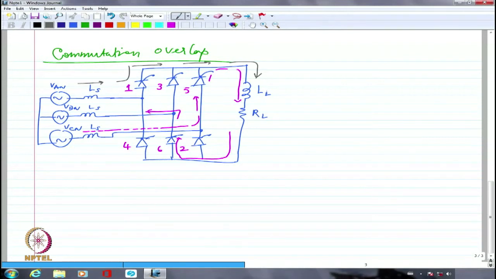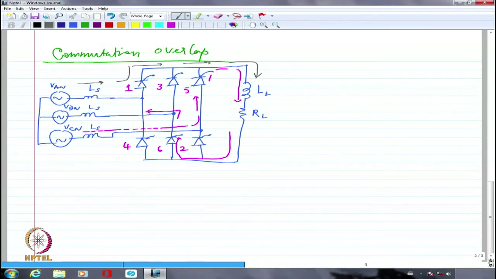So what will happen during that time? That is known as the commutation overlap interval. What we mean by commutation overlap is there is an overlap of conduction between the outgoing device and the incoming device. The incoming device is 1. The outgoing device is 5.